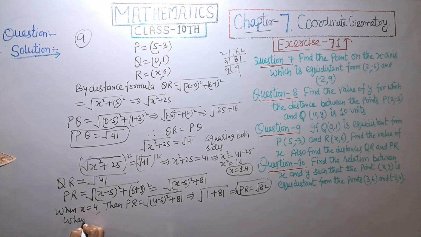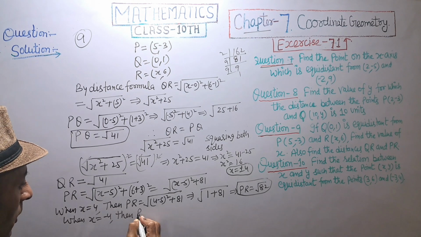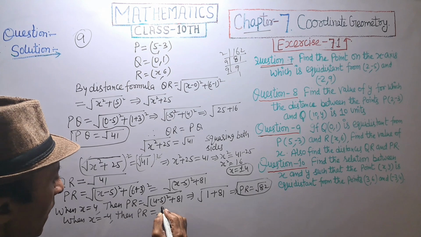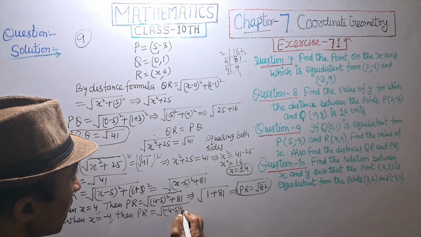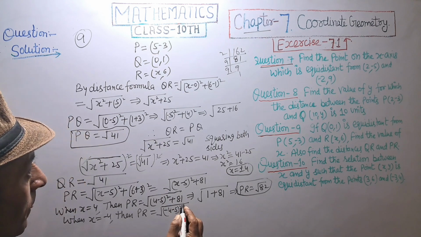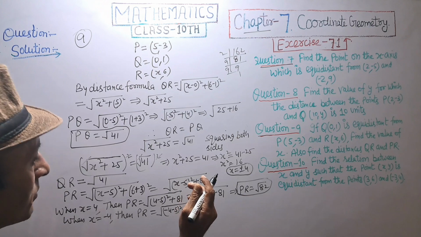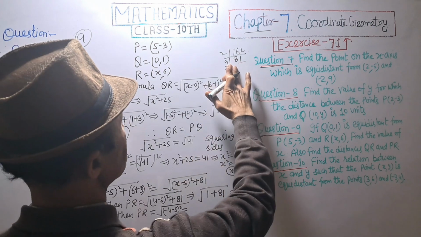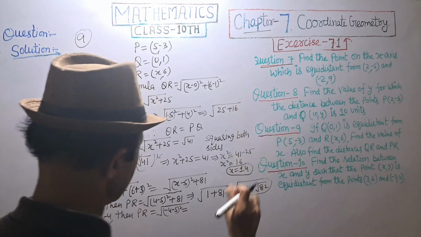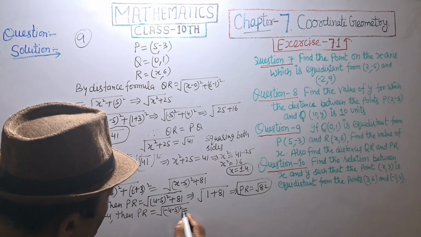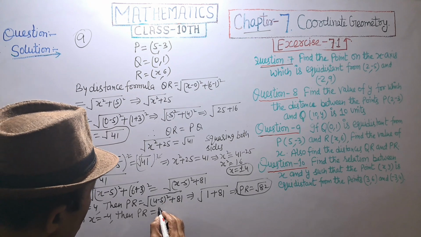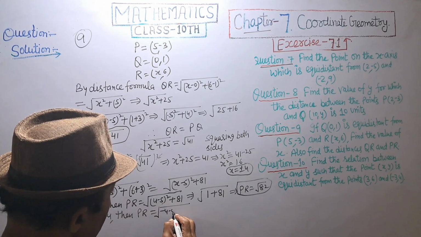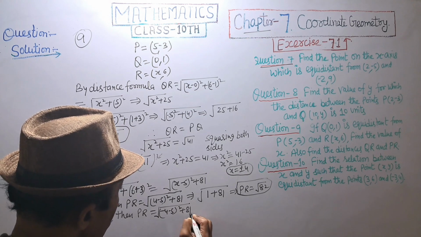And when x is equal to negative 4, then PR is equal to under root of (minus 4 minus 5) square, is equal to under root of (minus 4 minus 5) raised to power 2 plus 81.